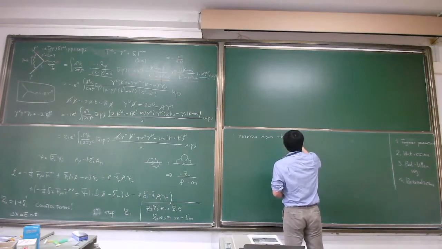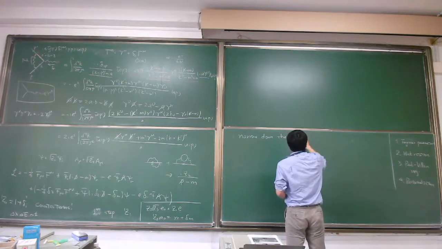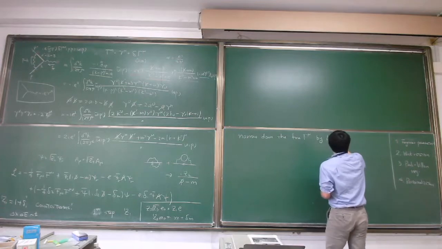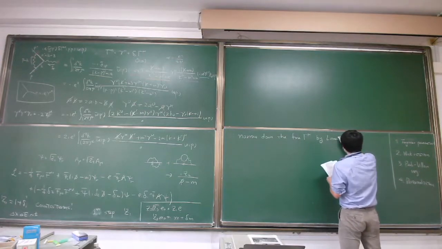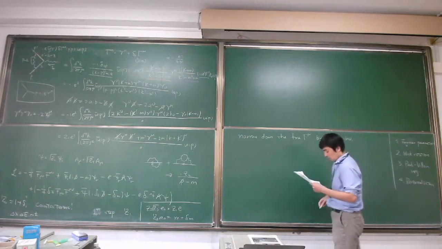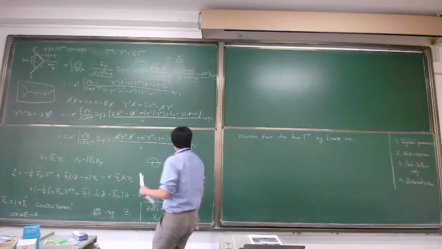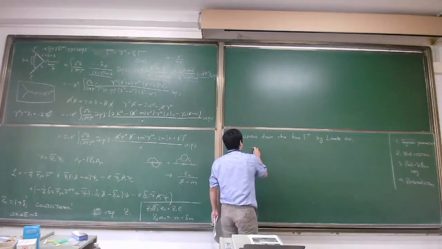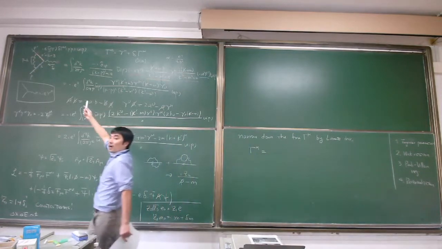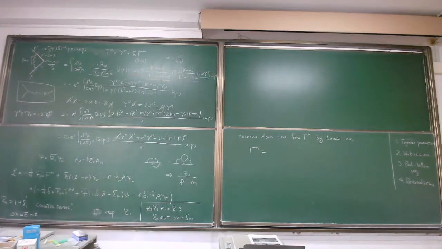And then the form of gamma mu, by Lorentz symmetry, Lorentz invariance. So the gamma mu, the most general form you can obtain, so this vertex should be determined by p prime and p.